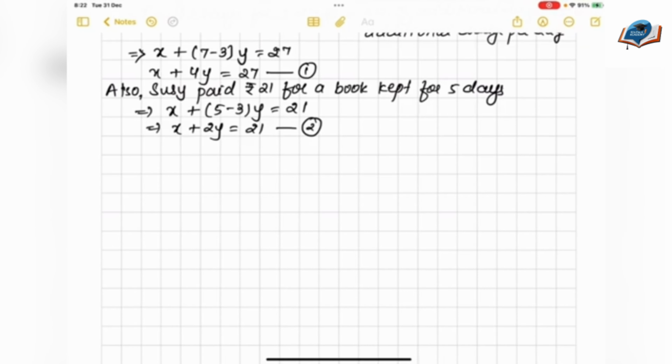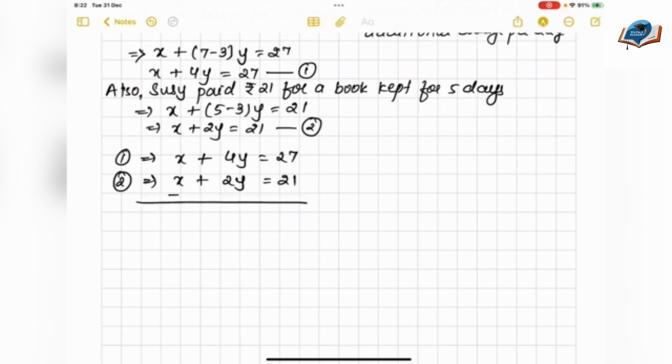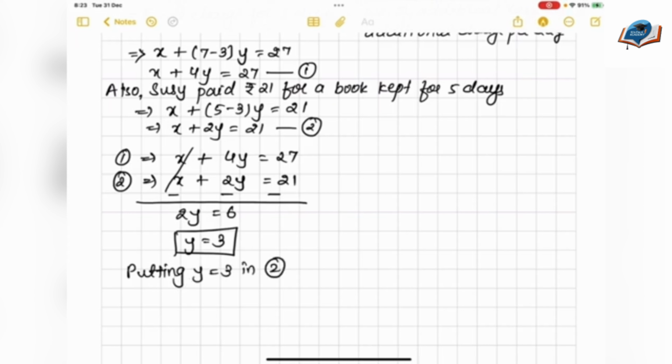Solving them by elimination method, 1 implies x plus 4y equal to 27. 2 implies x plus 2y equal to 21. If I subtract them, x got cancelled, so 2y equal to 6, so y will be 3. Now putting y equal to 3 in 2, x plus 2 into 3 equal to 21.